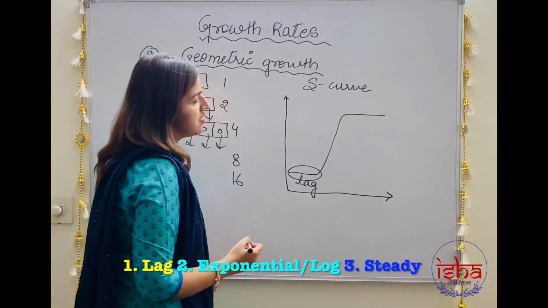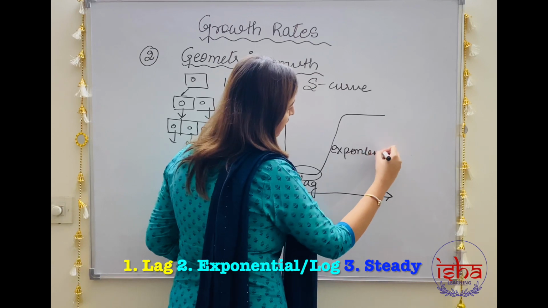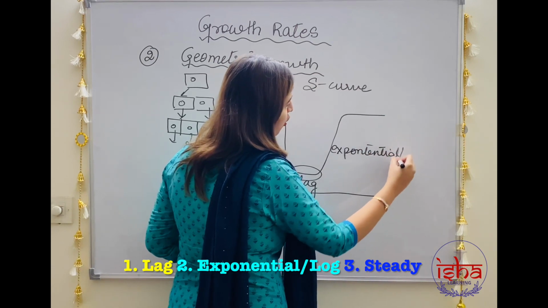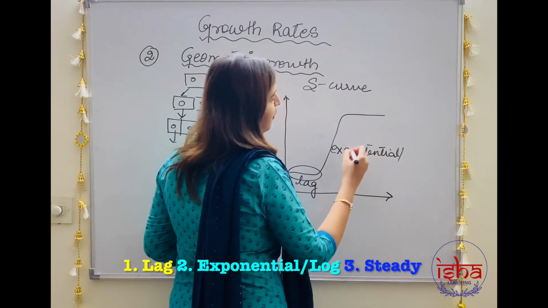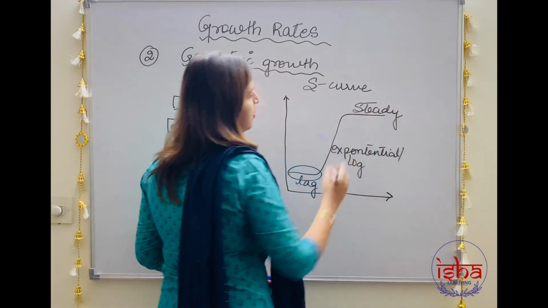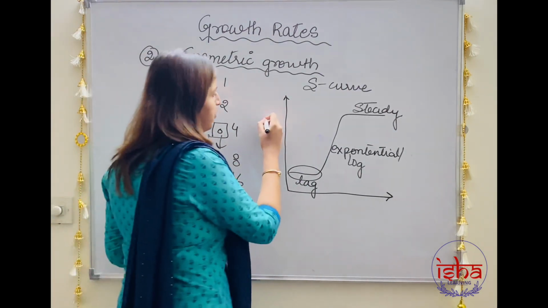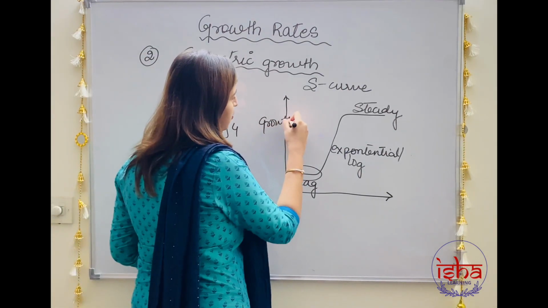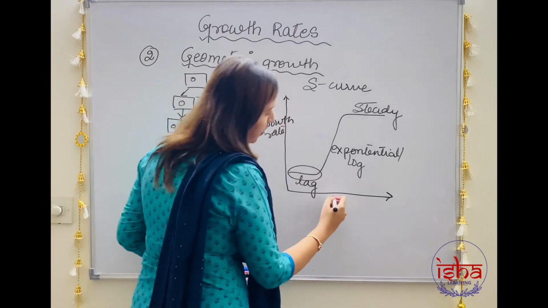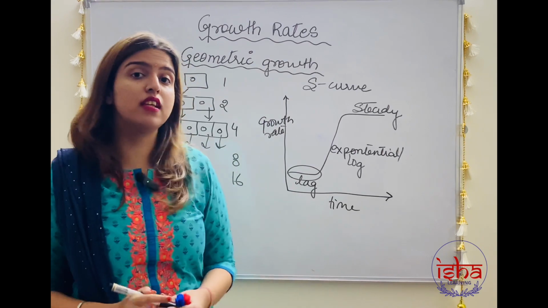The second phase is known as an exponential phase, also known as the log phase. And the third phase is a steady situation. So this, again, as I've already discussed, is a curve of whatever parameter you're considering. Let's say it's growth rate that I'm considering over time. So what do these three phases represent?